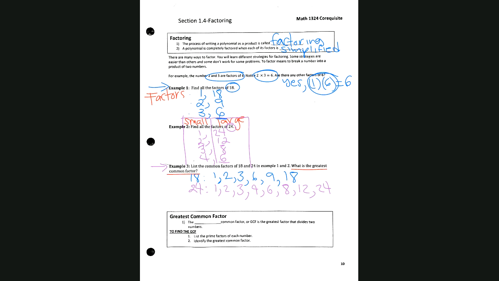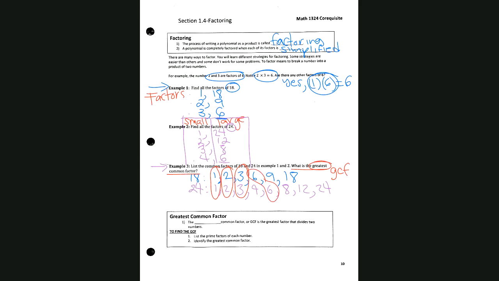Now, this part of the question, what is the greatest common factor? For that, we're going to refer to it as the GCF. And we can see that both numbers, 18 and 24, have several common factors. For instance, they have 1, they also have 2 in common, they also have 3, and they also have 6.